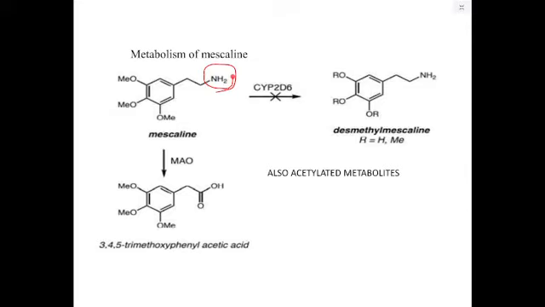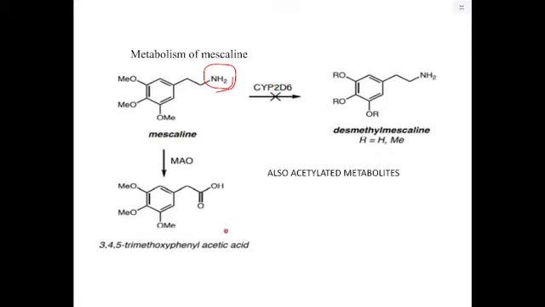Of course, we do know whenever you have that free amino group, it can undergo also acetylation using the N-acetyltransferases, so it can undergo acetylation to give the acetylated metabolites, and of course the acetylated metabolites will also have no pharmacological activity.